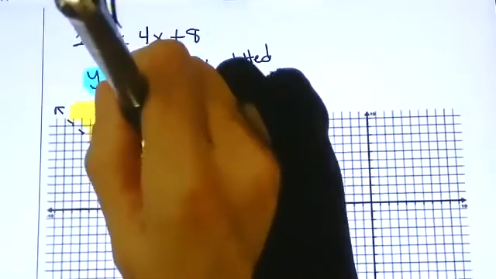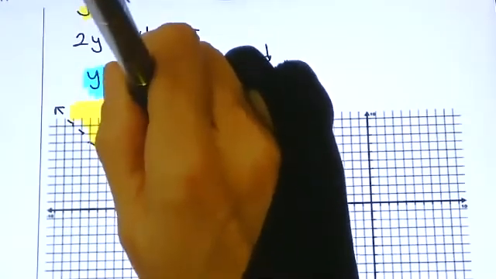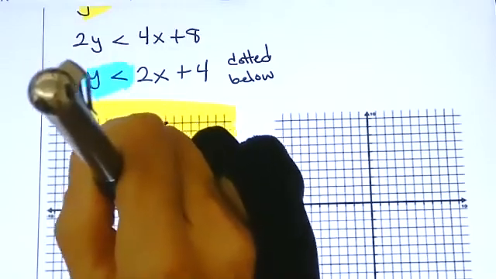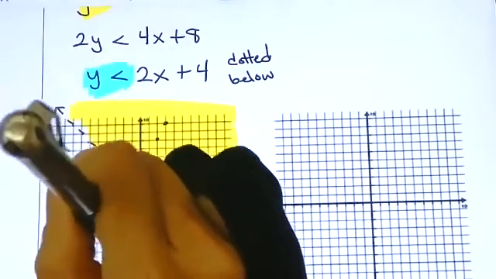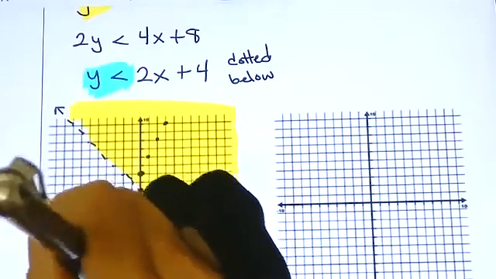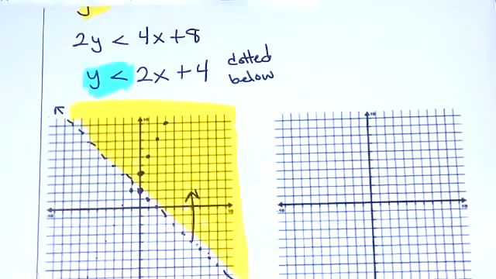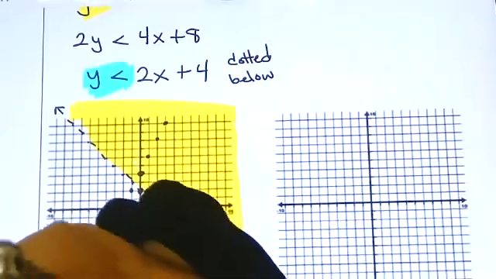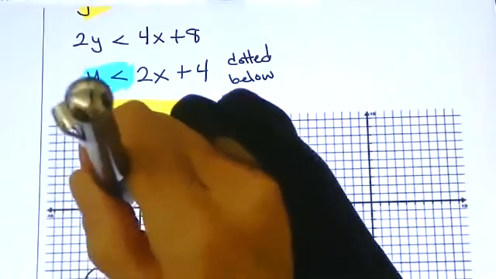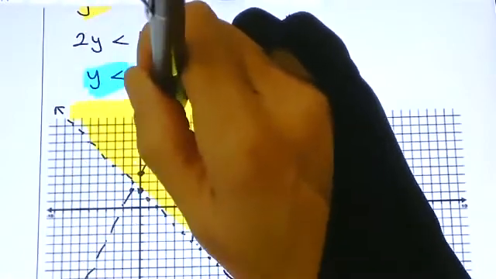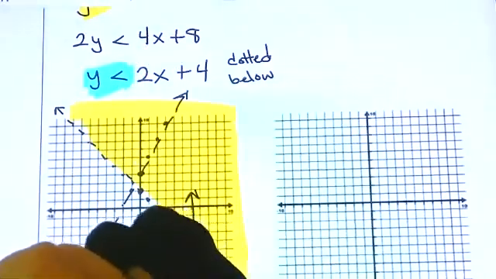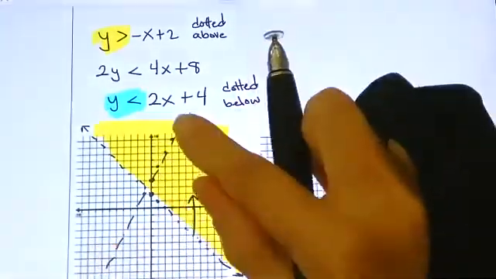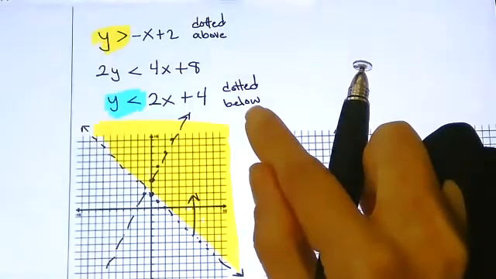Slope is up 2 over 1. Okay. So there's where my line's going to go right there, and it's going to be dotted. So there's my dotted line.